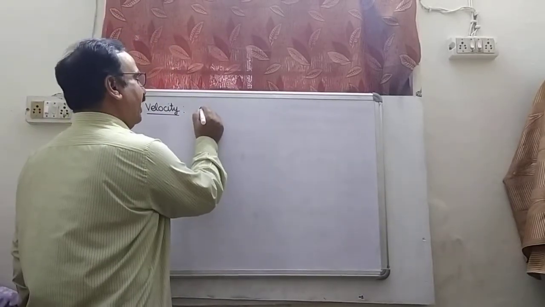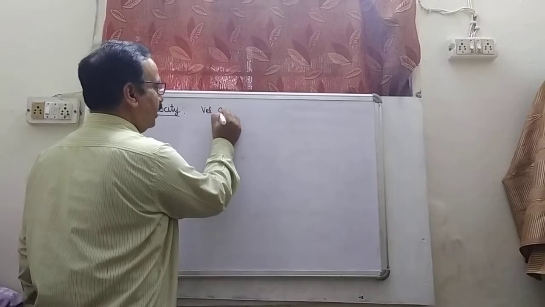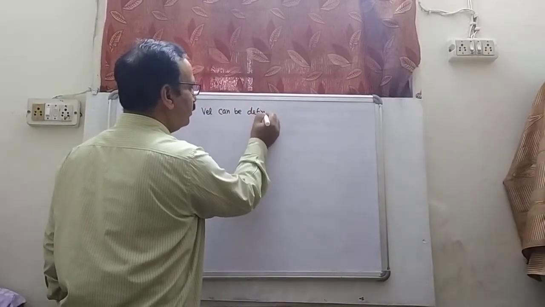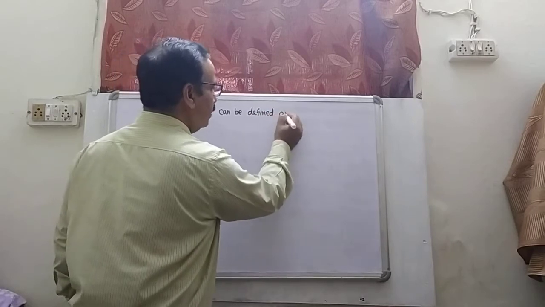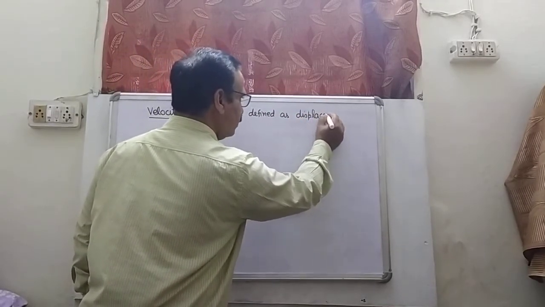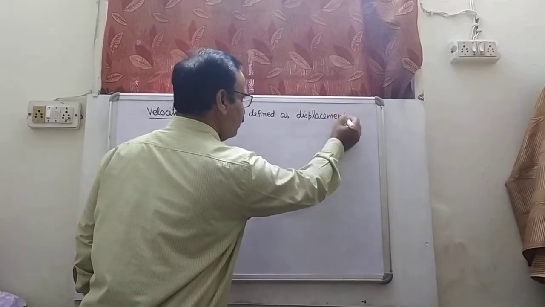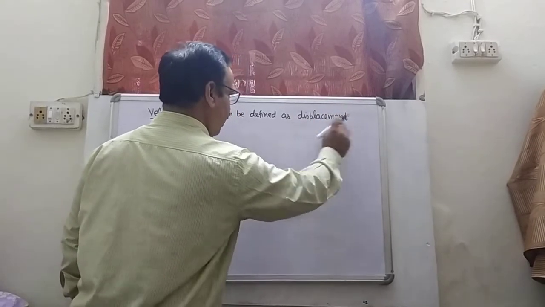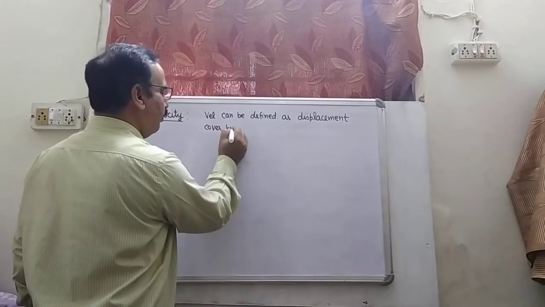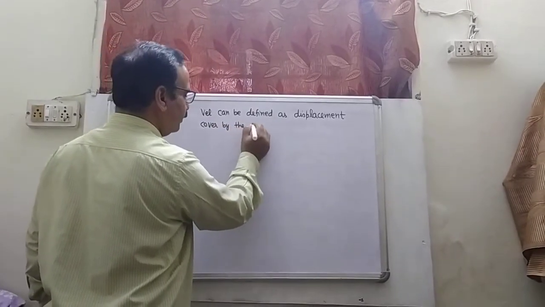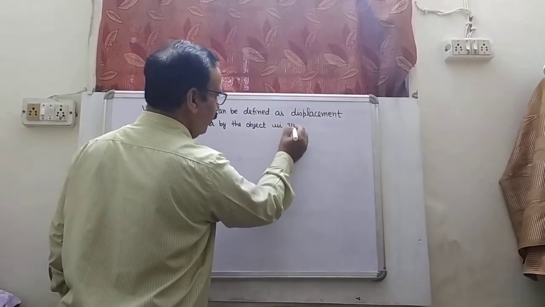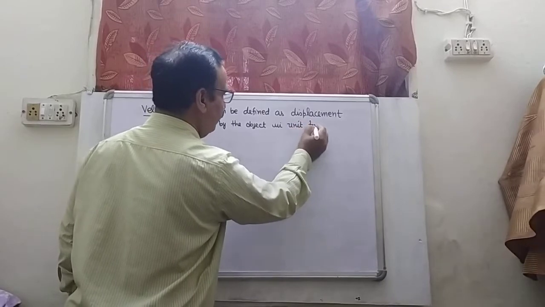Velocity can be defined as displacement. Take care of the sentence. Displacement covered by the object in unit time.